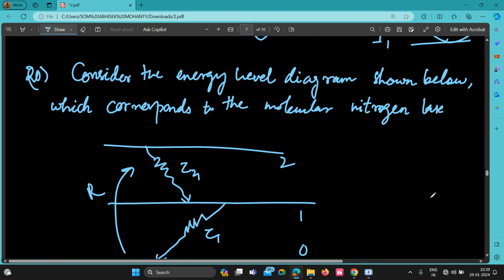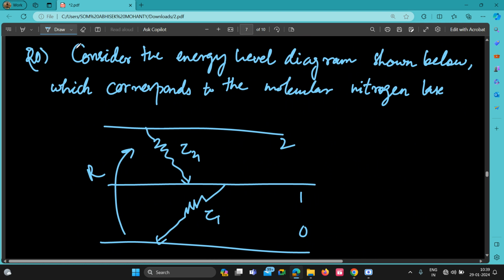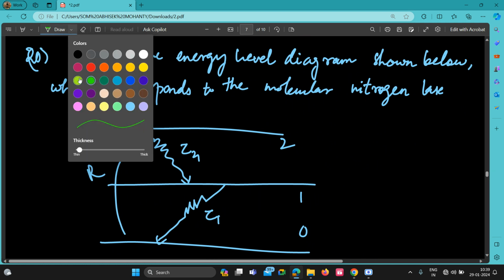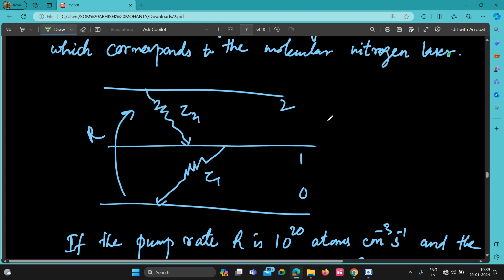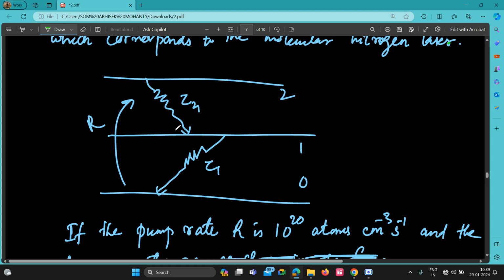The question says, consider the energy level diagram shown below, which corresponds to the molecular nitrogen laser. This is the transition 2 to 1, tau 21, tau 1, and this is R. Pump rate R is given as 10 to the power 20 atoms per centimeter cube per second.